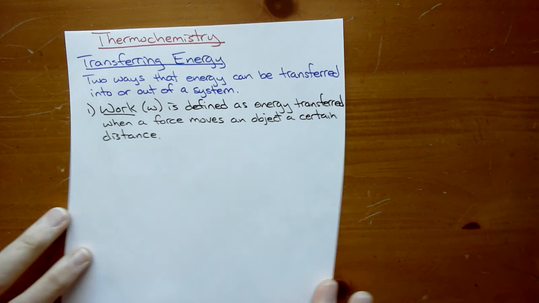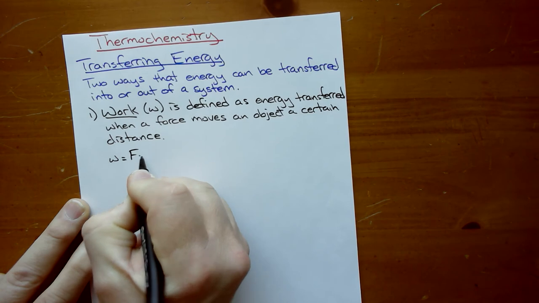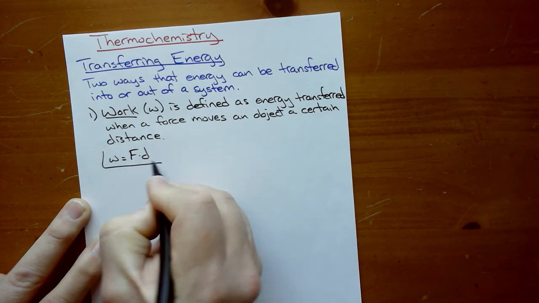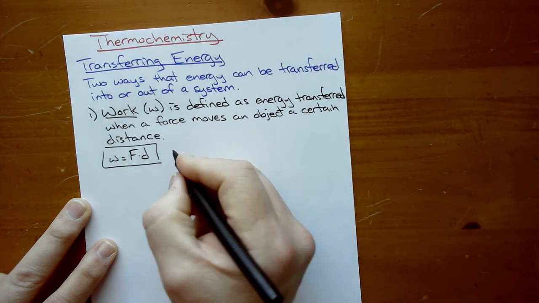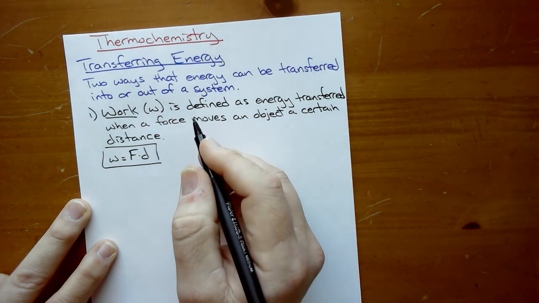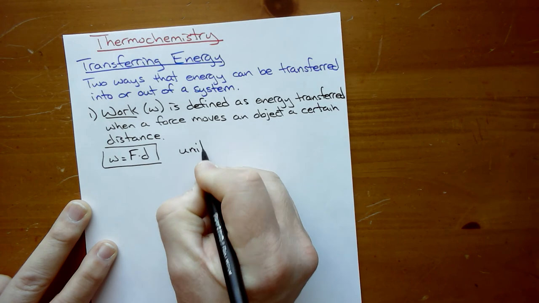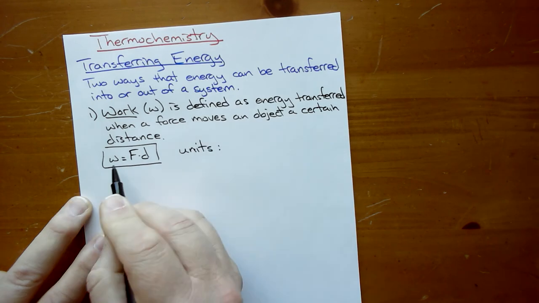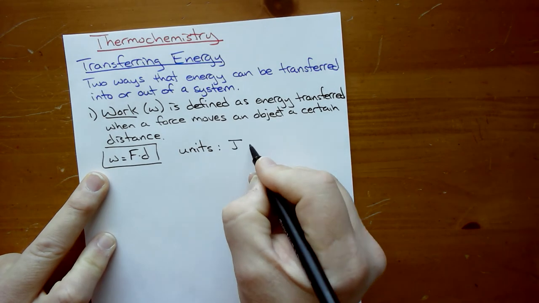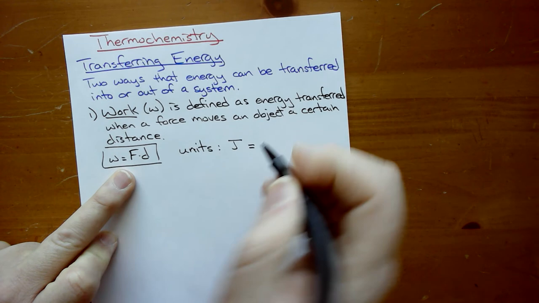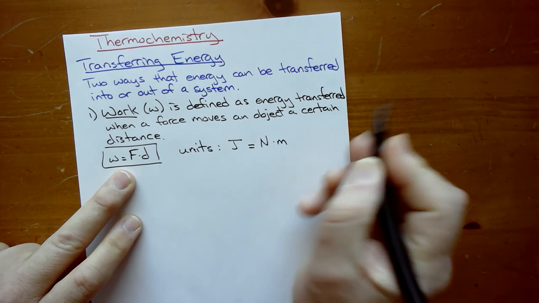Now, the equation for work: work is equal to force times distance. That's the equation we use in physics. Now let's look at the units for this. Remember, the unit for work is a joule, and force is a Newton times distance, which is a meter.